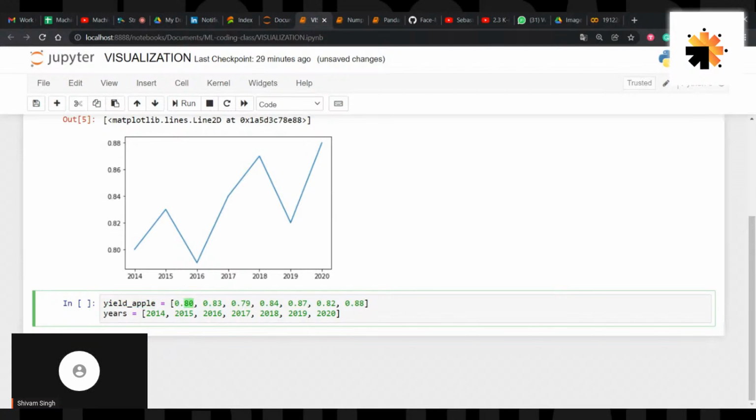So it may be 0.78, it may be 0.81, 0.82, it may be 0.80, it may be 0.84, then 0.85, and then maybe 0.83.